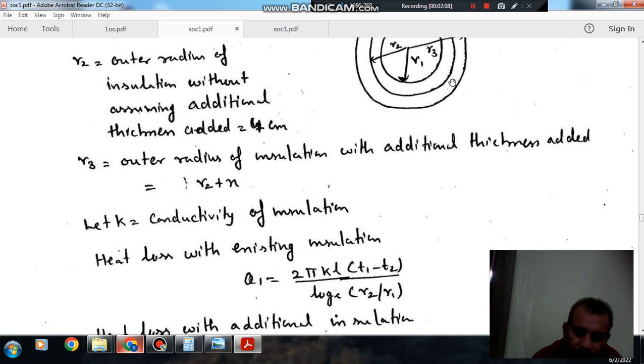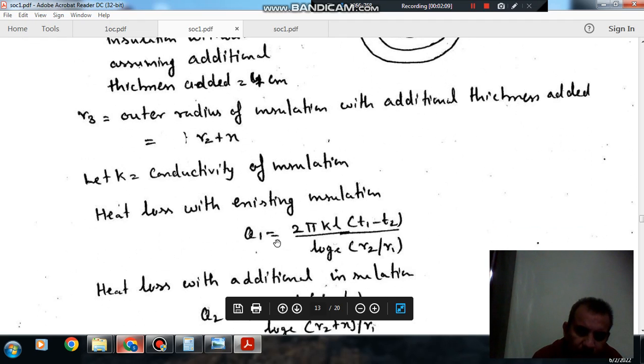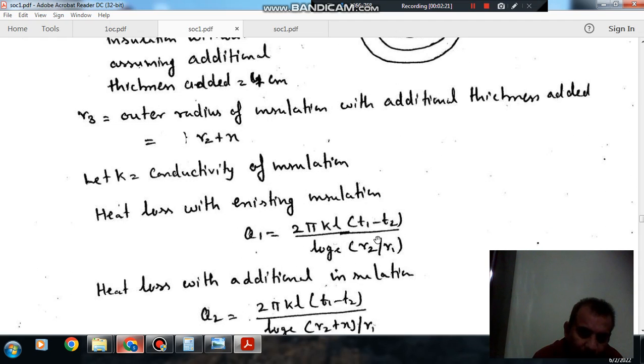When this thickness is not added, the heat transfer is Q1, that is 2 pi KL (T1 minus T2) divided by ln R2 by R1, because it is cylindrical coordinates, so the resistance is ln(R2 by R1) divided by 2 pi KL.